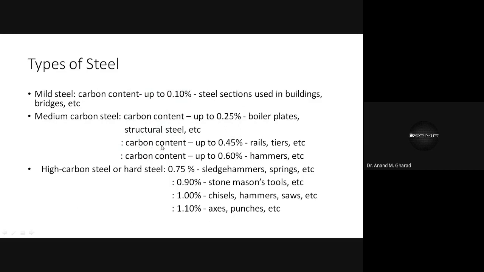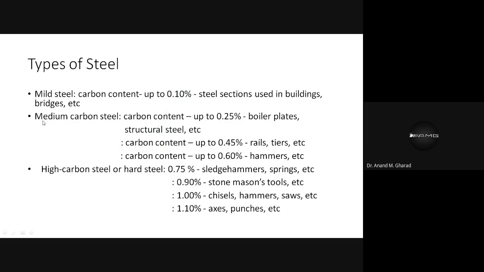Then if the carbon content increases up to 0.45%, they are used as rails, tyres, etc. When the carbon content is up to 0.6%, they can be used in hammers, etc. That is, tools you can expect, right?